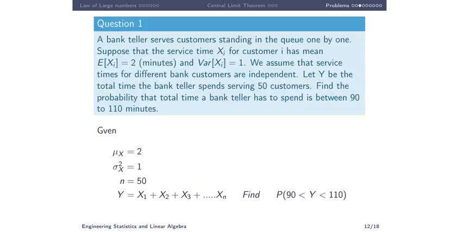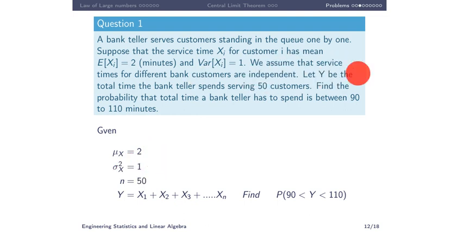So we will analyze the question. A bank teller serves customers standing in the queue one by one, so many customers are in the queue and their service time is a random time. We don't know how much time it takes to serve a customer. For each customer, the mean average time required is 2 minutes, so I can write E of Xi or mu x is equal to 2, and variance of x is 1, that is also given.